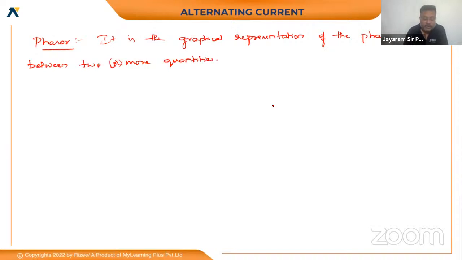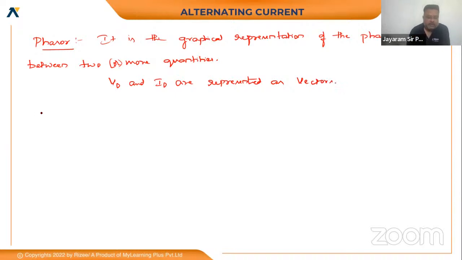This is called a phasor diagram. So V naught and I naught are represented as vectors.